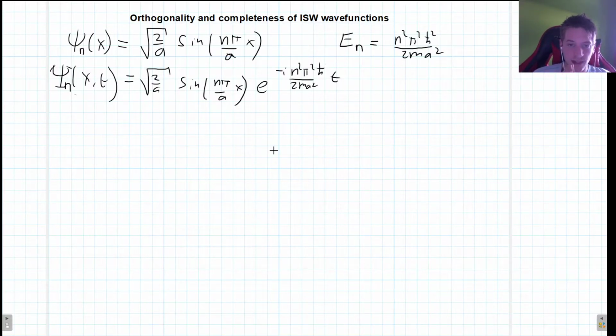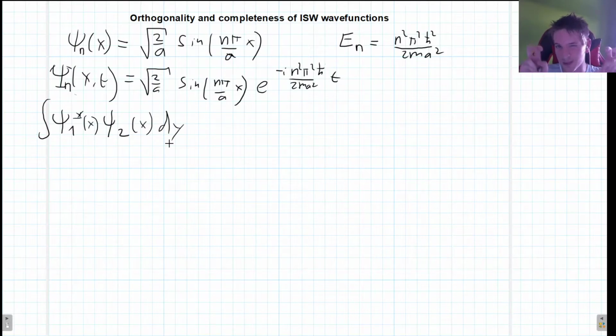Now we're going to prove that different wave functions for the different states, for example psi1 and psi2, are going to be orthogonal. So what that means is that if you take the inner product between them, basically if they multiply, it's not really that simple, but for now, if you have never seen this concept before, it is basically that if these two quantities multiply, then the result is going to be 0 if these numbers are different.